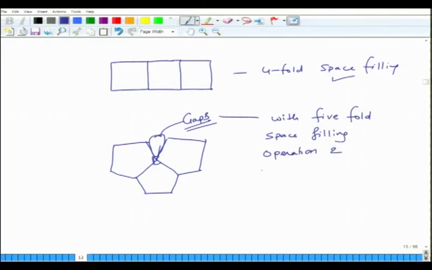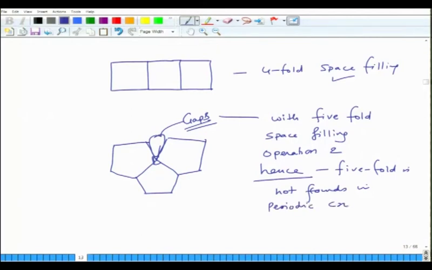And hence 5-fold is not found in periodic crystals, because there is no space filling, you leave gaps in the structures.